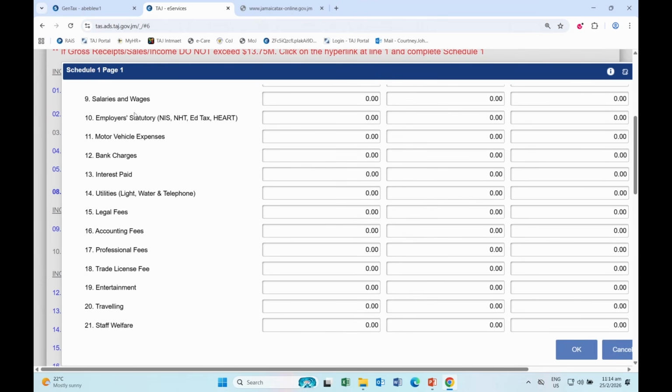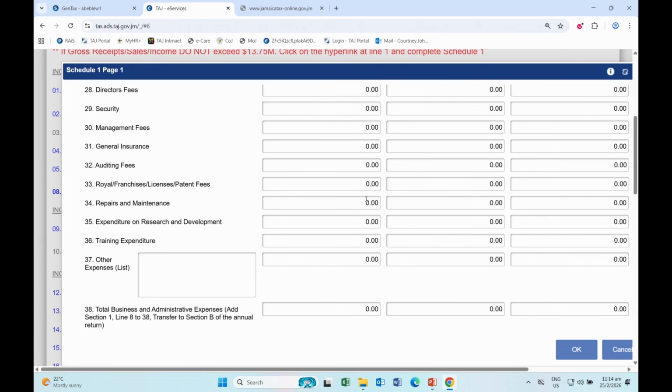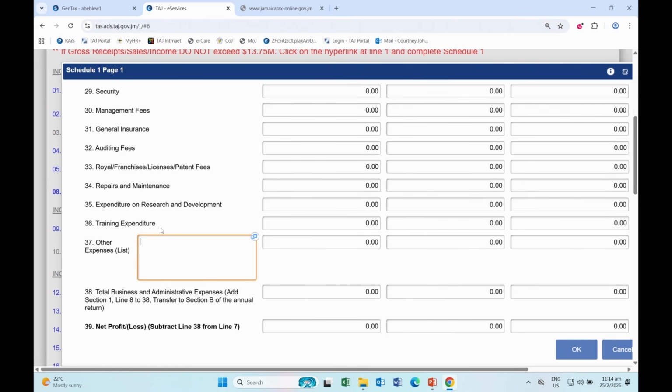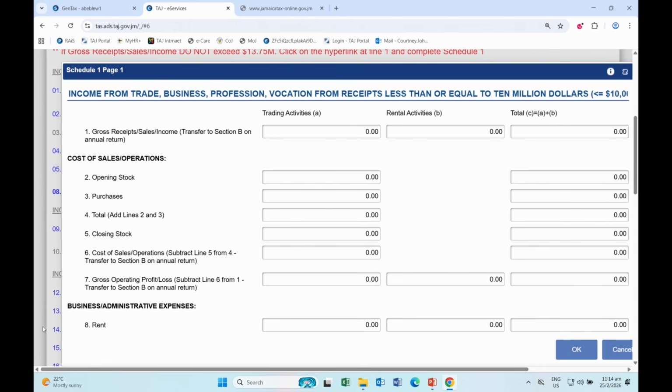Now bear in mind, this list of expenses is not exhaustive because we know that a lot of things are changing in the environment. So there may be expenses that you have that are not included on this list. But I will take you to line 37 that has an expense list, where whatever is not captured, you can simply note them in this box and plug the total in the corresponding field for it.